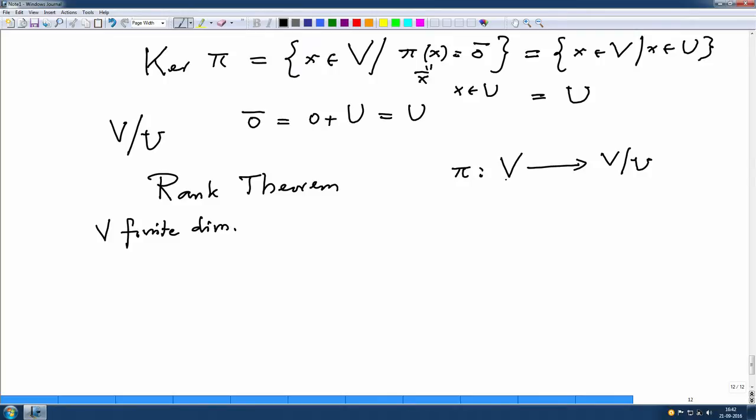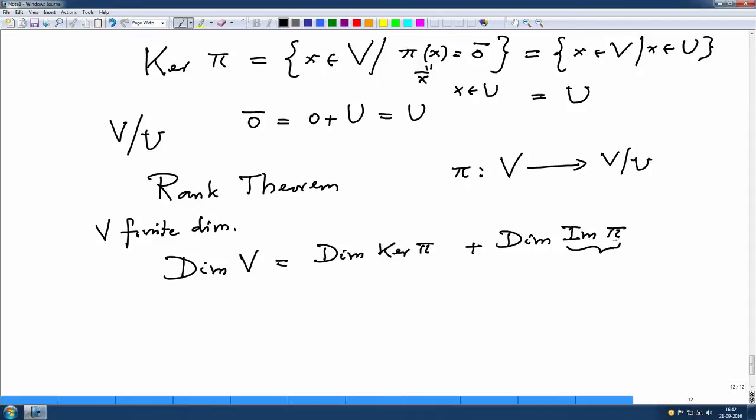Then we know the dimension of V equals the dimension of the kernel plus the dimension of the image. So the dimension of V equals the dimension of the kernel of pi plus the dimension of the image. But the image of pi is everybody because pi is surjective. This is V by U.